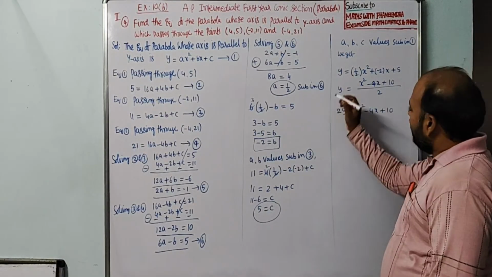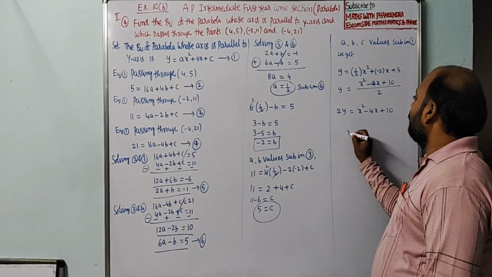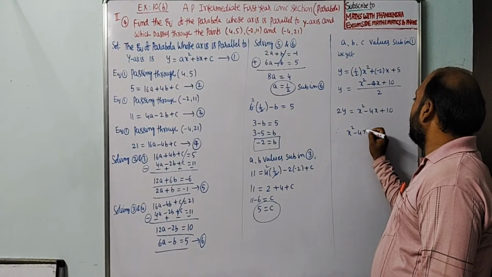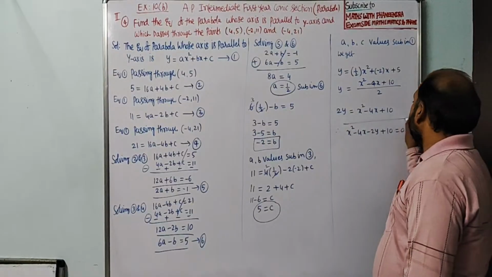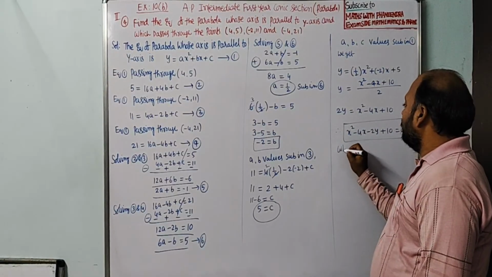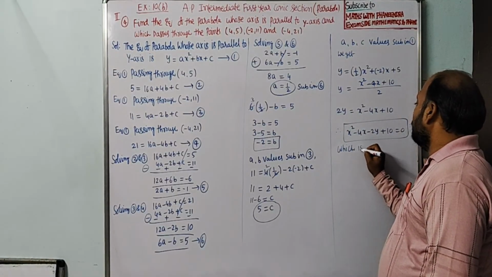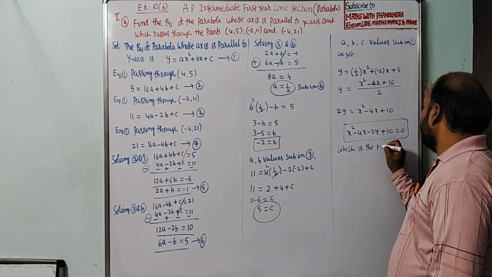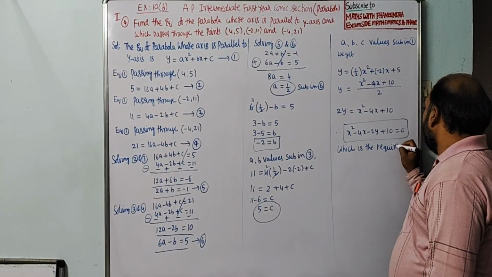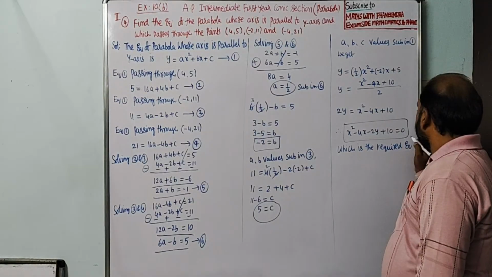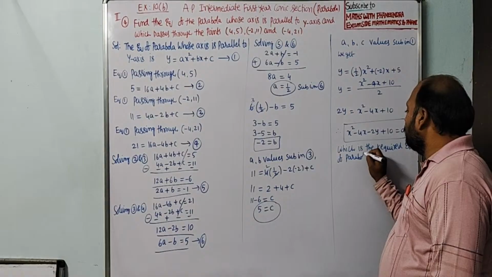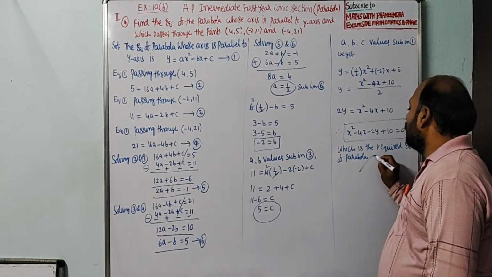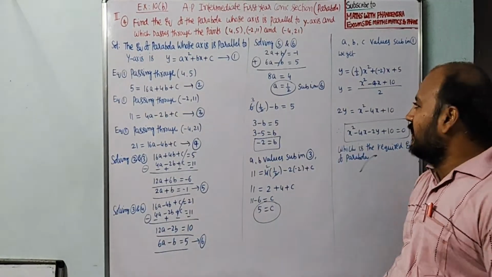Bringing these values inside, therefore x square minus 4x minus 2y plus 10 equal to 0, which is the required equation of parabola whose axis is parallel to y-axis.